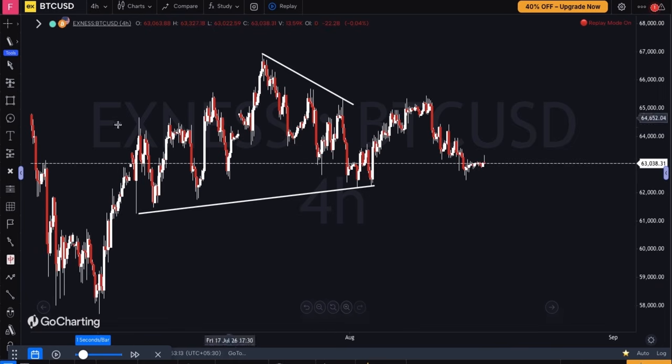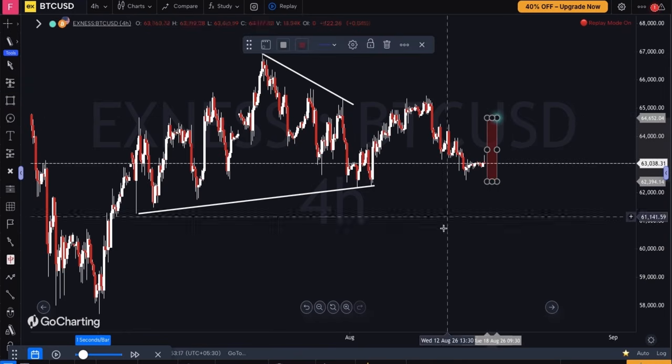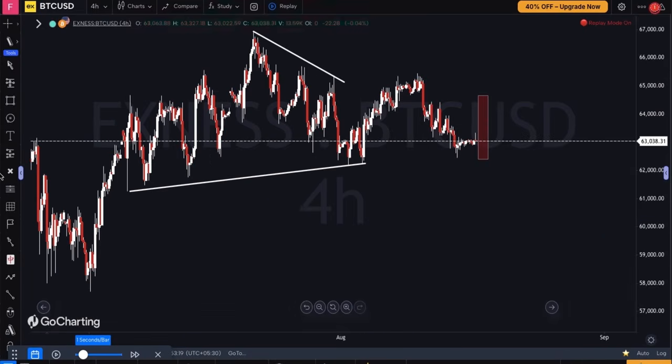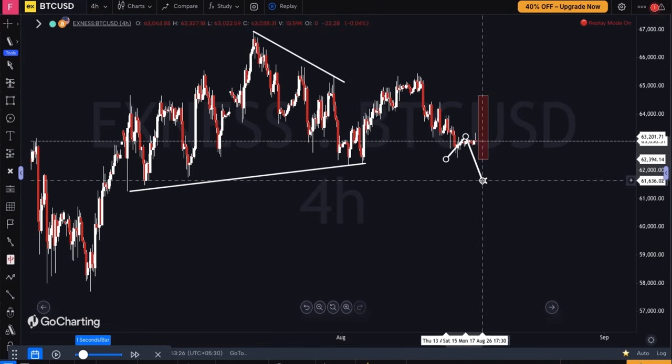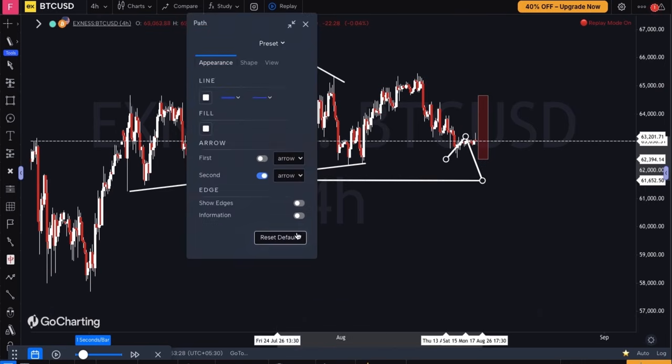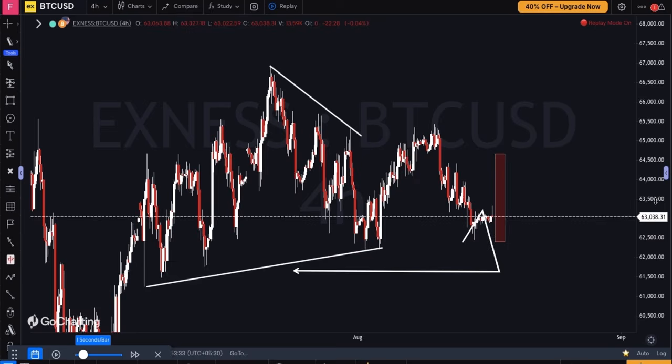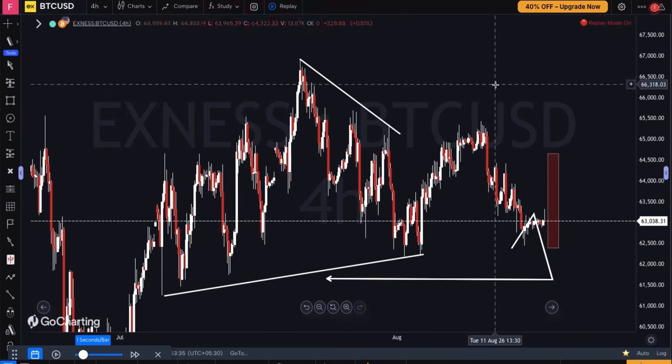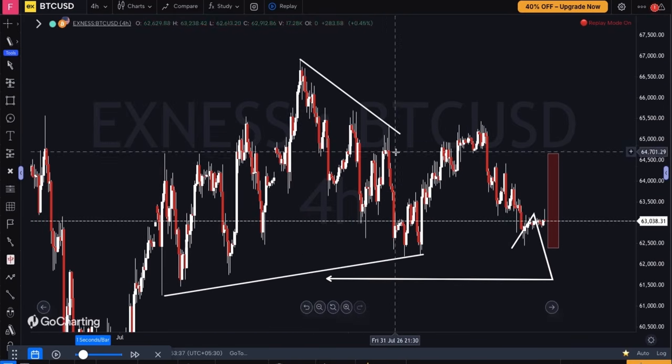So, after getting the idea, I took a trade here. Now, you may ask, here is liquidity, why did you take this trade? First, we need to get this liquidity clear, but also check this. The buy side liquidity is still pending.